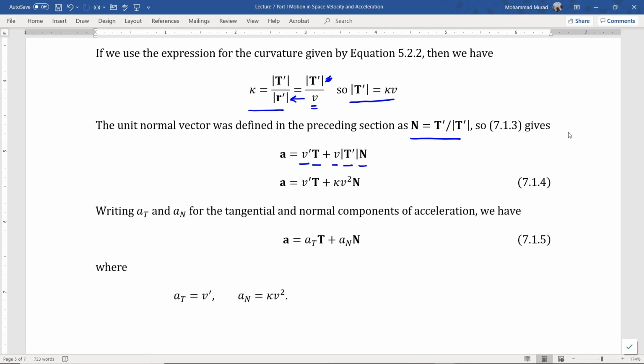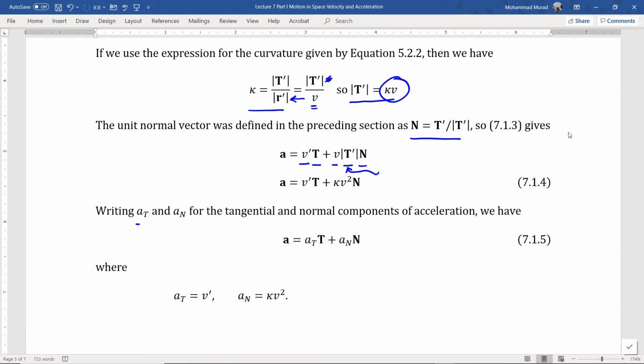Now substituting the expression kappa times v for the magnitude of the derivative of the unit tangent vector, we obtain equation 7.1.4.